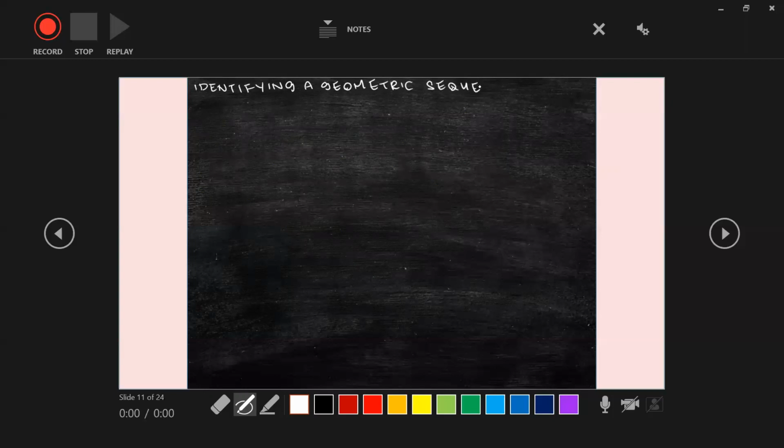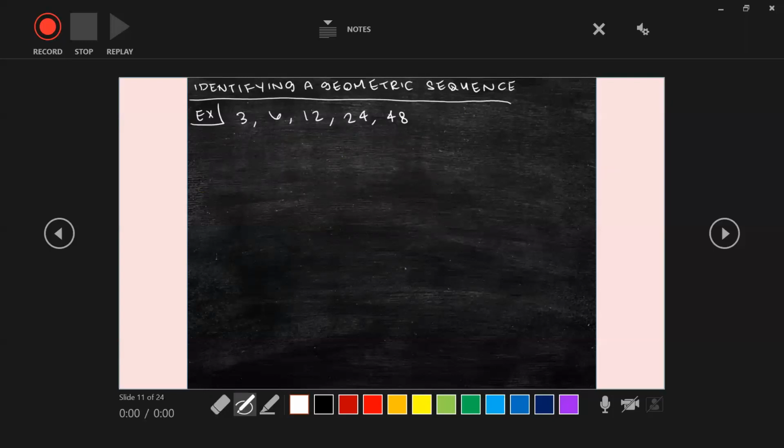We are going to be given an example, and the example we are going to look at is the sequence 3, 6, 12, 24, and 48.